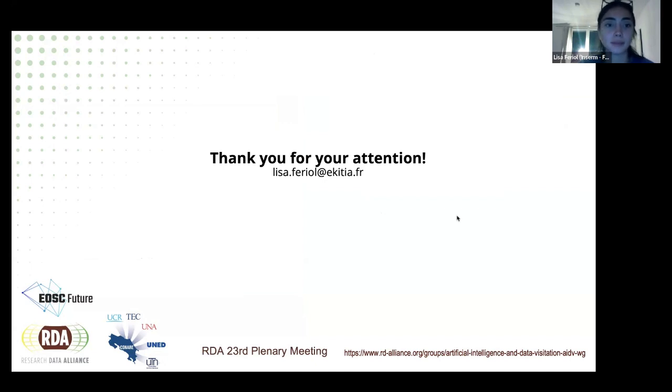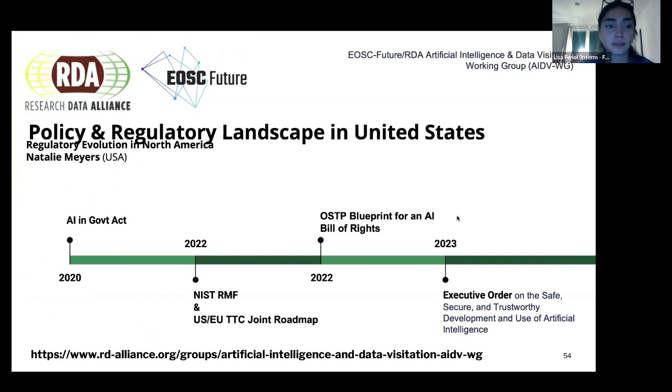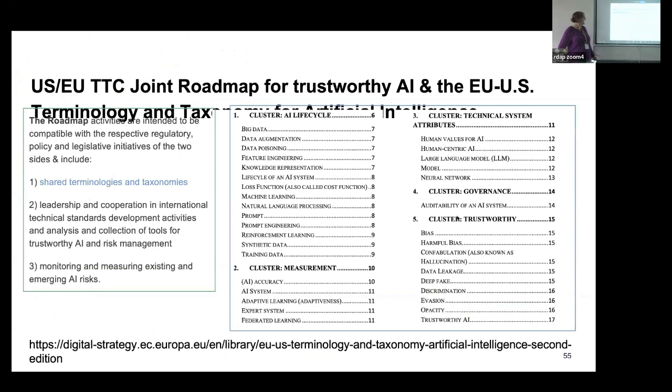Now, in the interest of time, I will give you just a little snapshot, because you can see these slides in the shared notes. Here we hear a little bit about the policy and regulatory landscape in the US, really starting in 2019, and then with the issuance of the AI Governance Act.